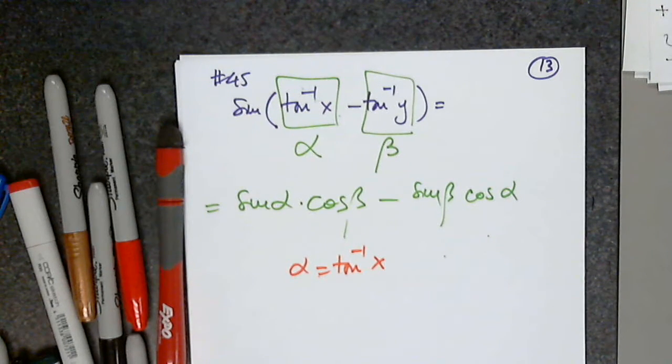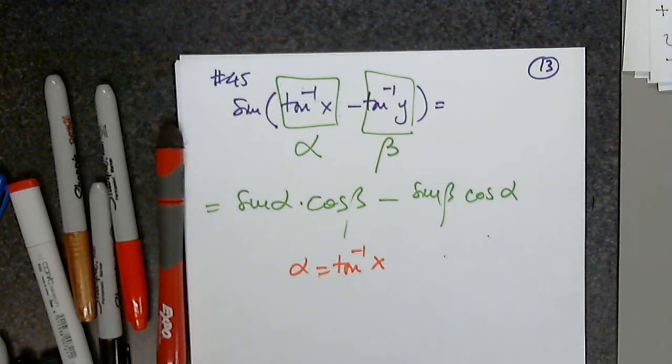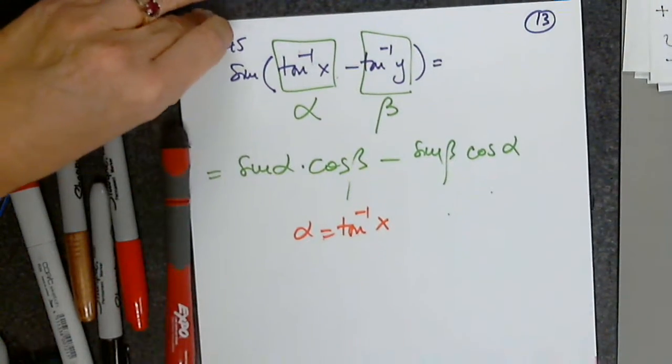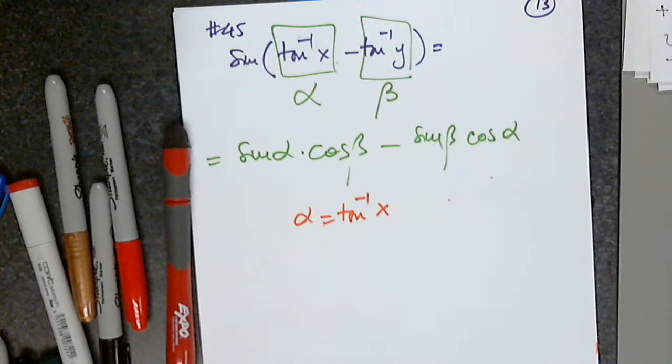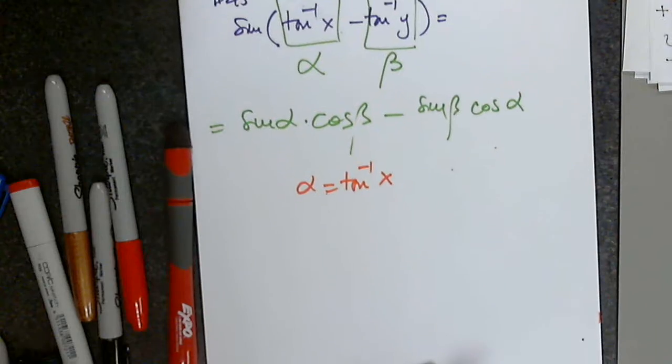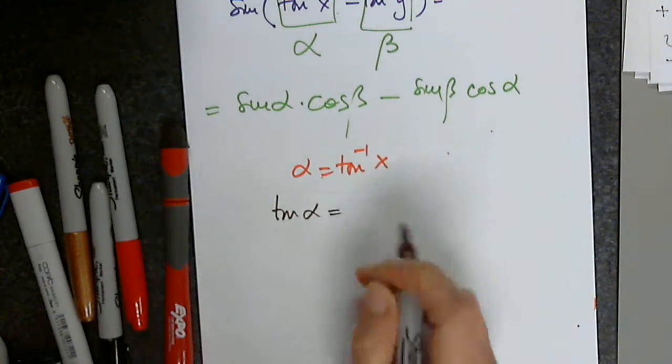The only thing that I can do is take the tangent of both sides. There is nothing else. So then tangent alpha equals how much?